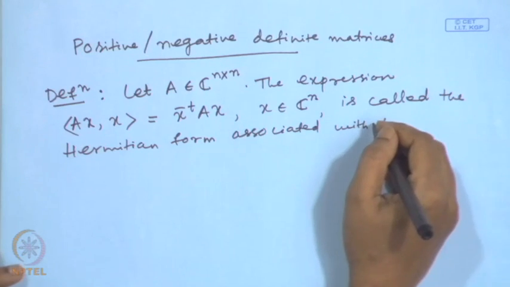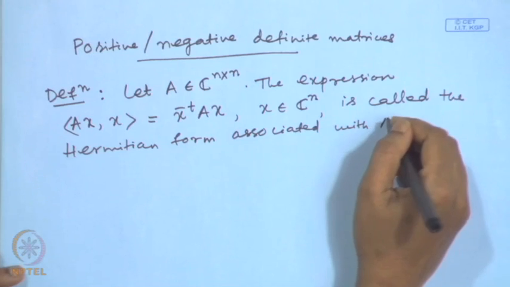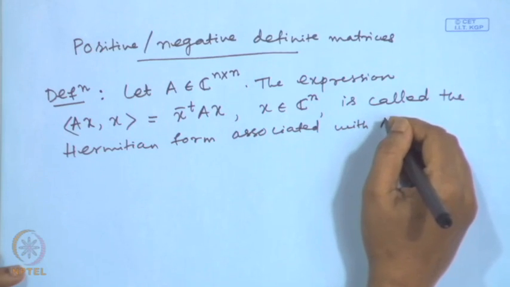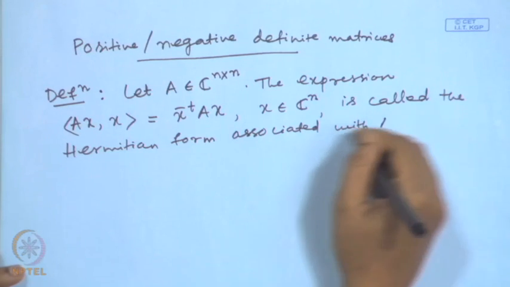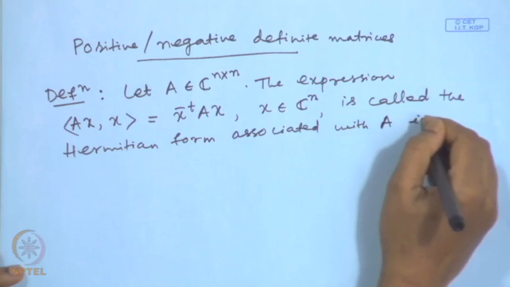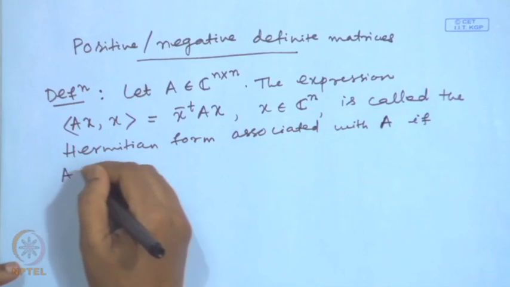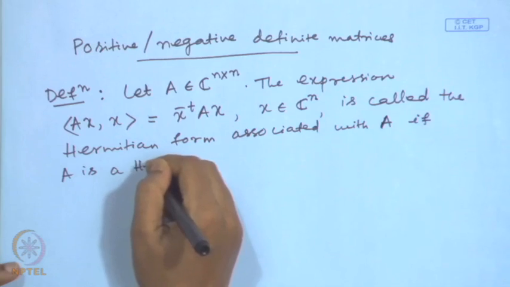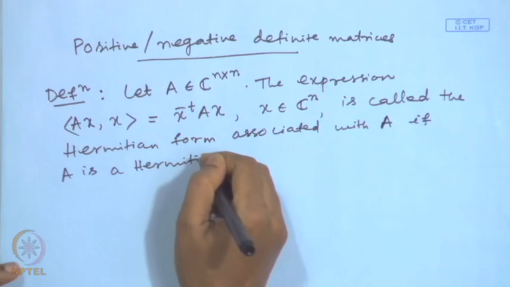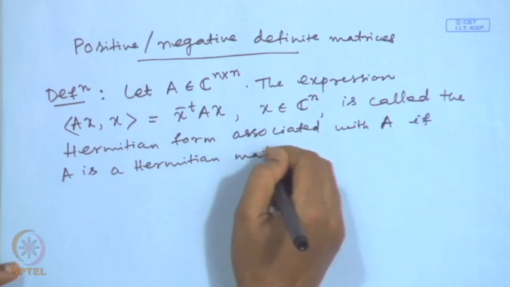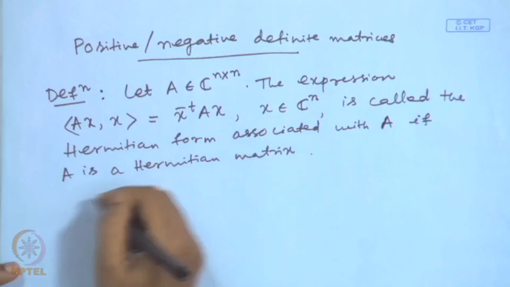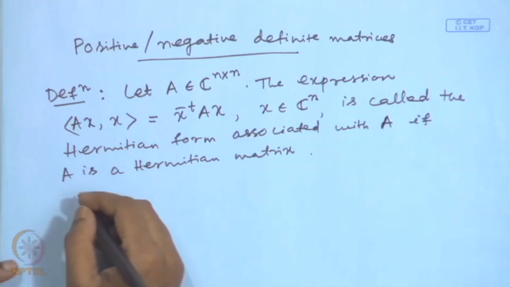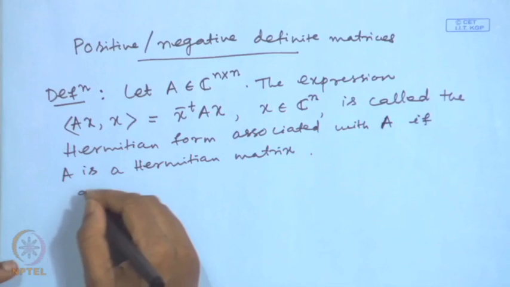This form associated with this matrix A is the Hermitian form associated with A if A is a Hermitian matrix, and this is called a quadratic form if A is a symmetric matrix.